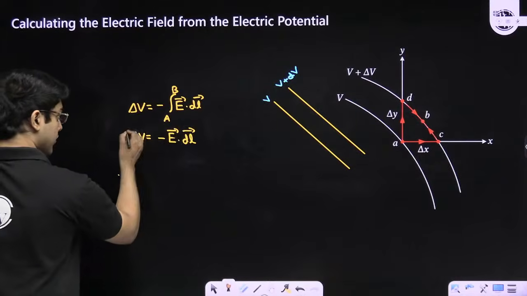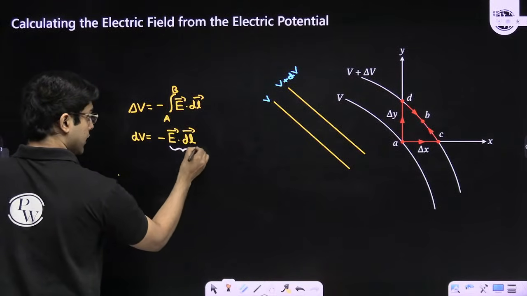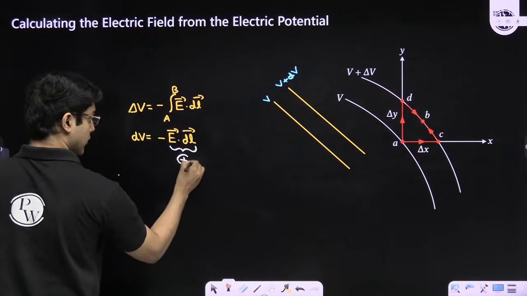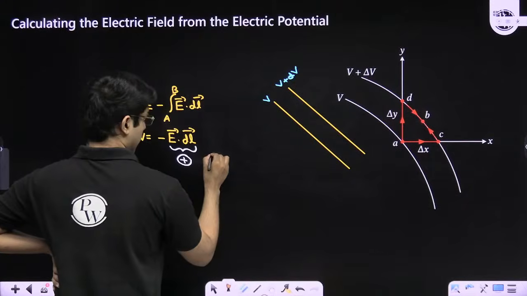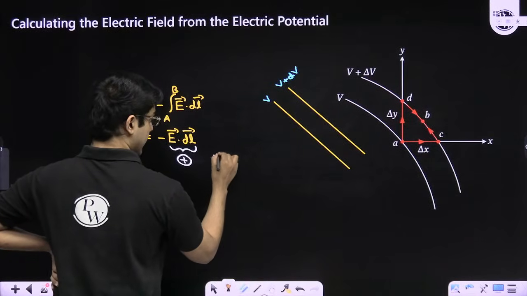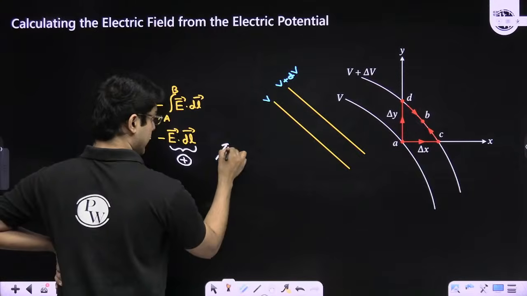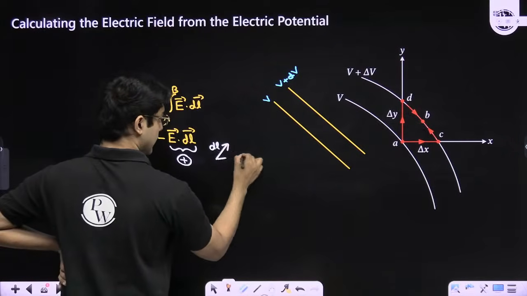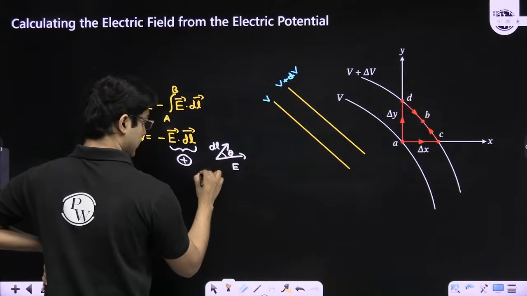From here we are going to notice an important fact. If E dot dl is positive, what does that mean? That means dl and E have an acute angle between them, theta is acute.